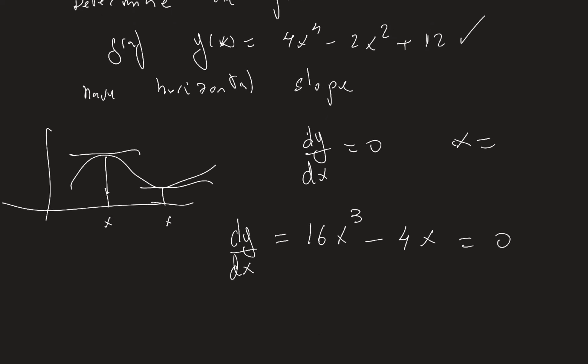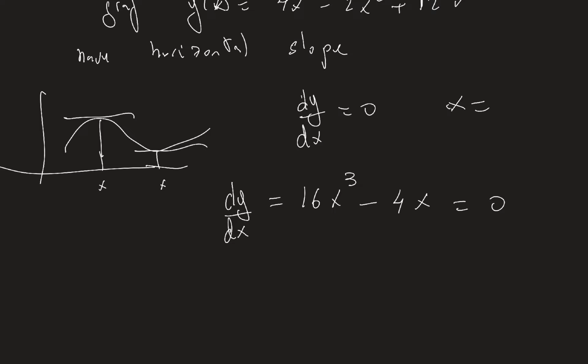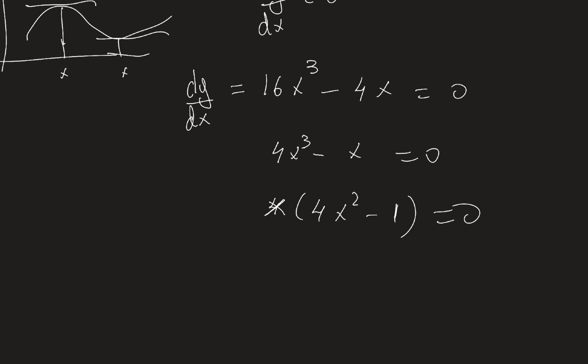So this is the derivative of y with respect to x, and I want this to be 0. If I divide by 4, it will be 4x cubed minus x equals 0. If I take x as a common factor, it will be x multiplied by 4x squared minus 1 equals 0. And this is 0 if this is 0 or this is 0, since a multiplied by b is 0 if a is 0 or b is 0.